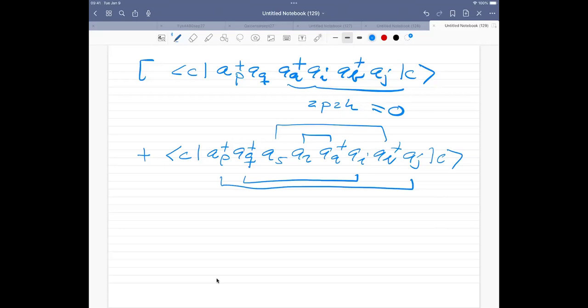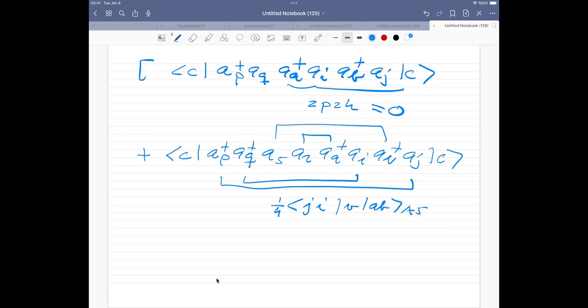So in this specific case, I'm going to get a minus sign because of the matrix elements, so this is going to give us 1/4. And then when I bake in all the Kronecker deltas, I'm going to have a delta J of I. So Q goes to I and P goes to J. And then I'm going to have a matrix element AB of AS.